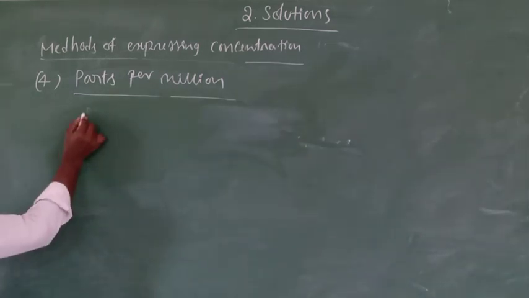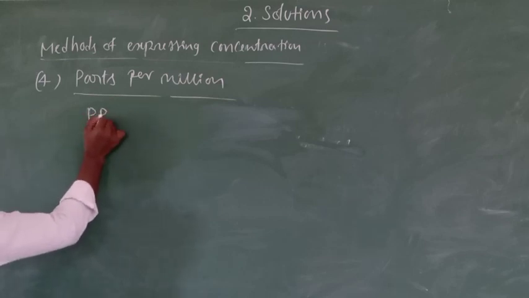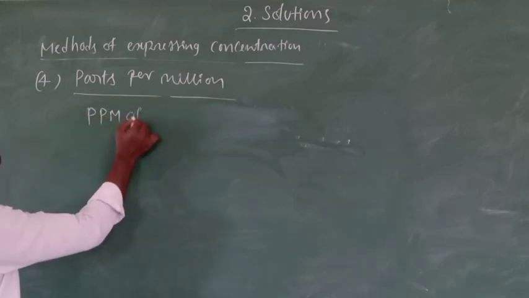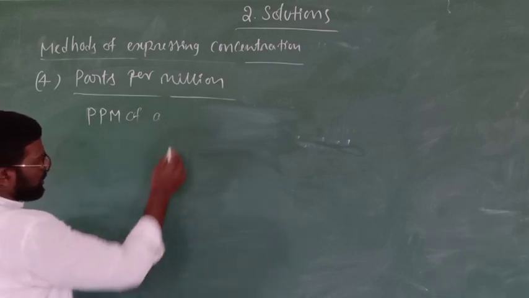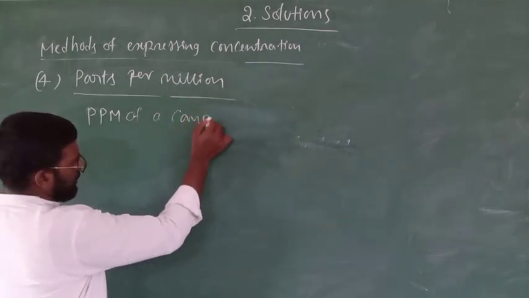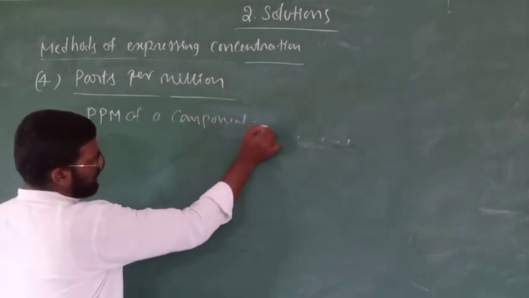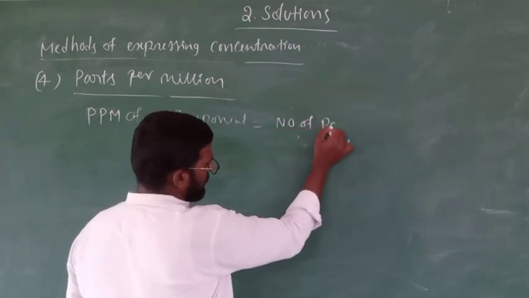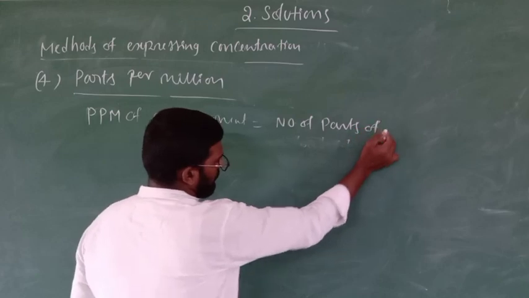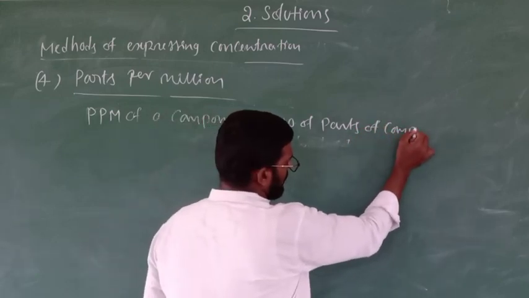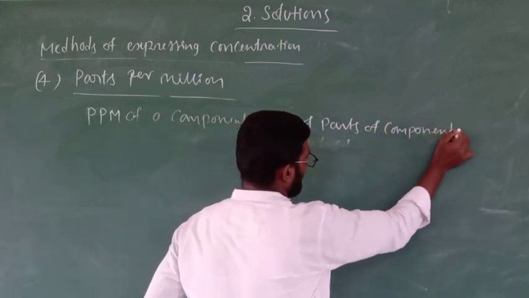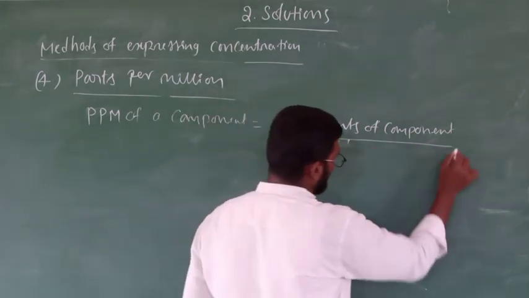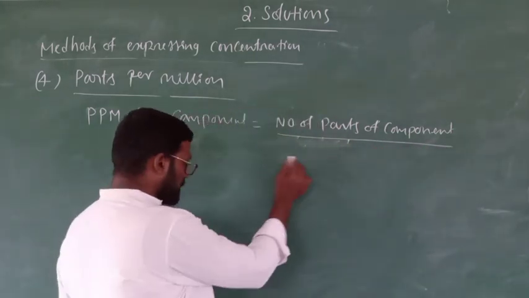Now let's see its formula. Parts per million, ppm of a component, is equal to number of parts of component. You can write number of parts of solute or number of parts of solvent, whatever.